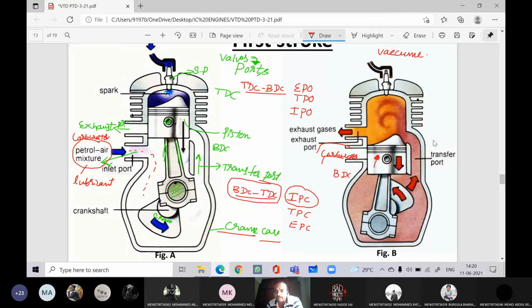You need to know, because the air fuel mixture does not enter directly into the engine cylinder, rather it will enter the crankcase. Then how will this air fuel mixture go to the engine cylinder? Via the transfer port. So via the transfer port, the air fuel mixture within the crankcase will go to the engine cylinder.